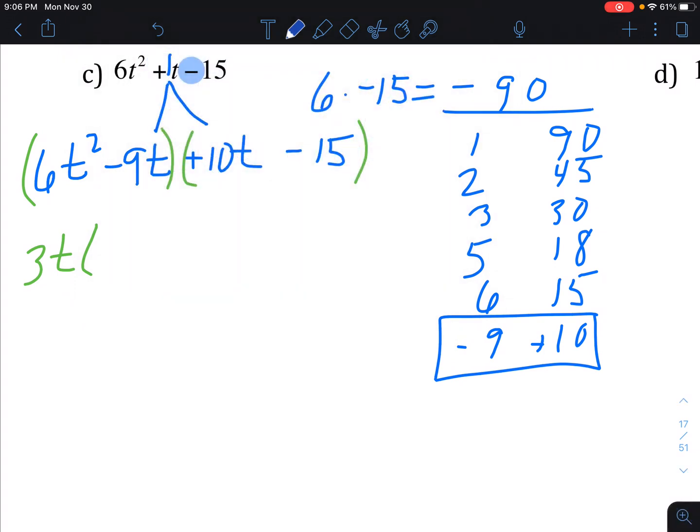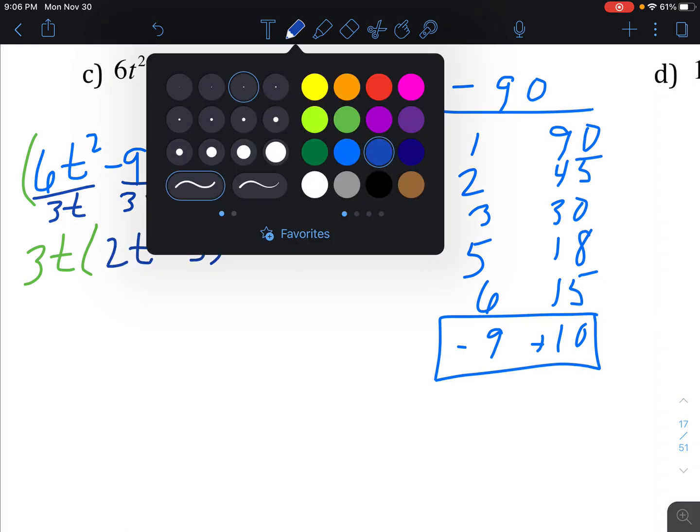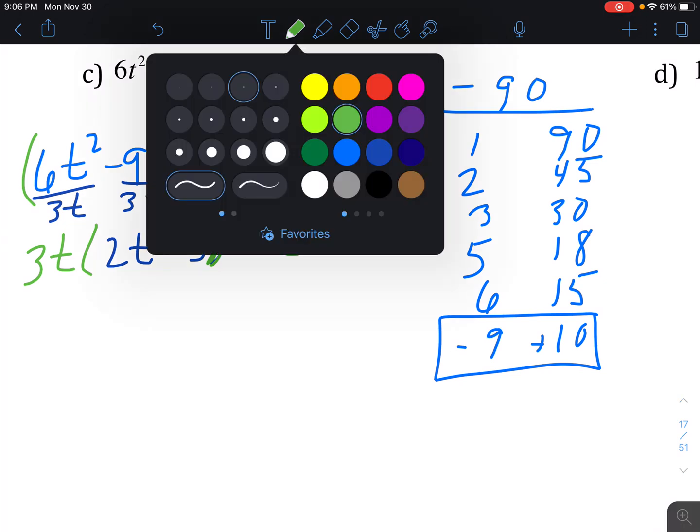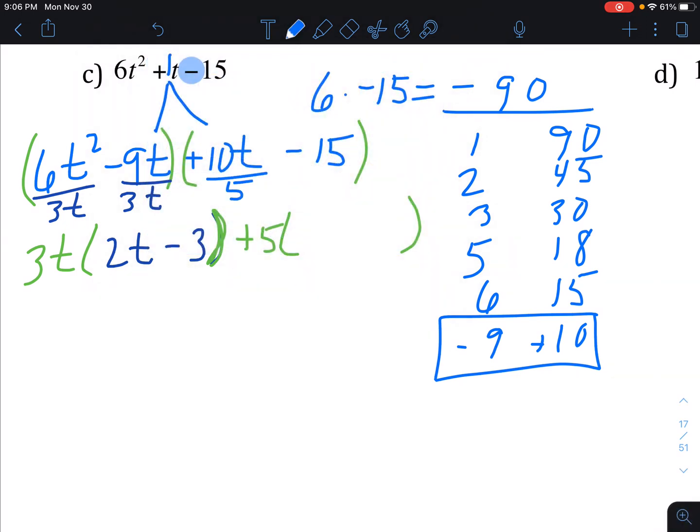And then divide by that 3t to have 2t minus 3. Your GCF of your second group is 5. So put plus 5. And then divide by the 5. 10t over 5 is 2t. Minus 15 over 5 is 3.